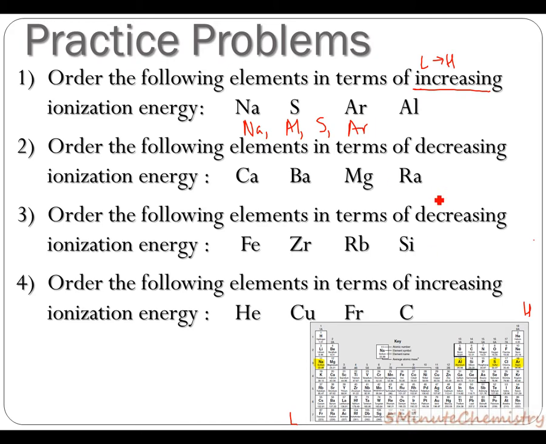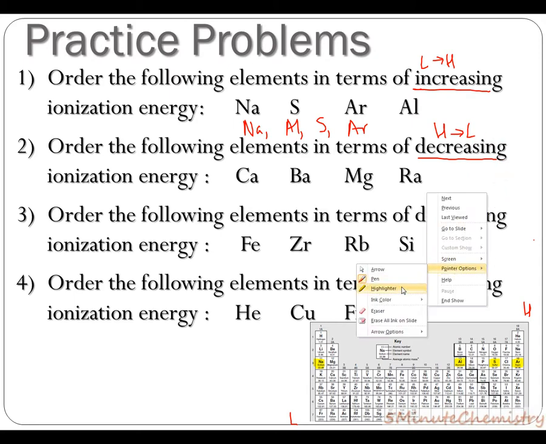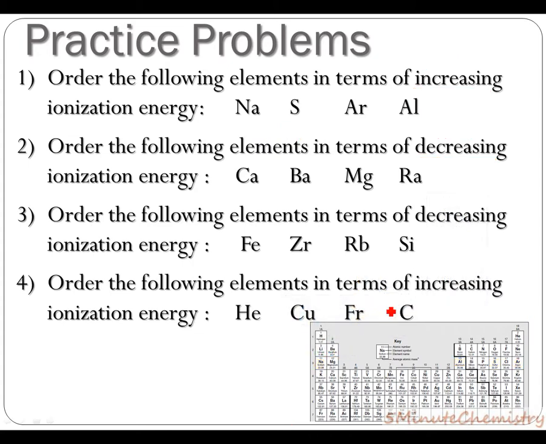Now order the following elements in terms of decreasing ionization energy. So this time I want to go high values to low values. Let's erase that ink. It's going to be high to low, and we'll highlight these again. It's calcium, barium, magnesium, radon.